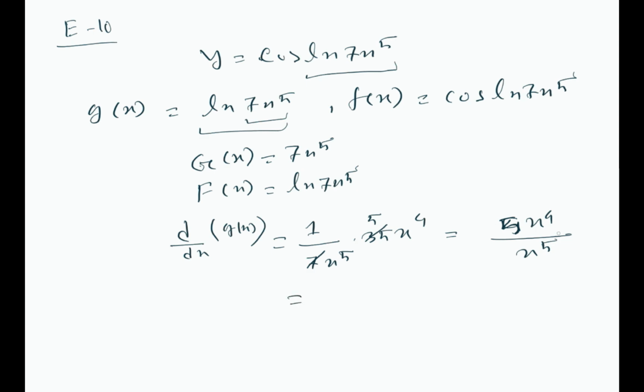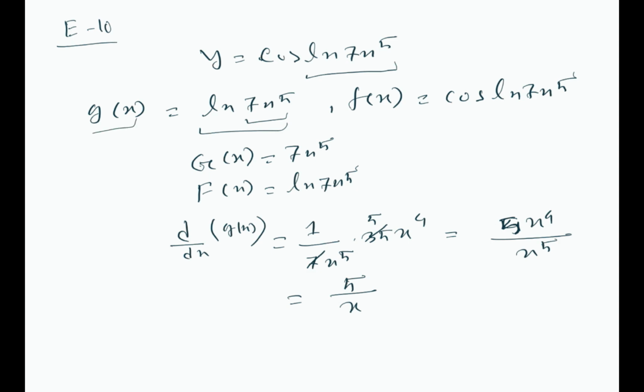In the numerator we have x to the power 4, and in the denominator we have x to the power 5, so we remove x to the power 4 from both. So in the numerator we have 5 only, and in the denominator we have only x, right? Because x to the power 4 from both sides gets cancelled. So this is the derivative of the original inner function.